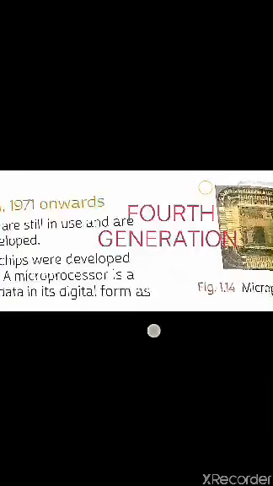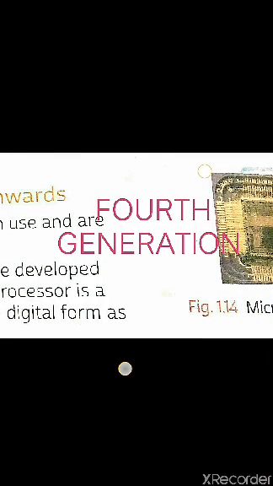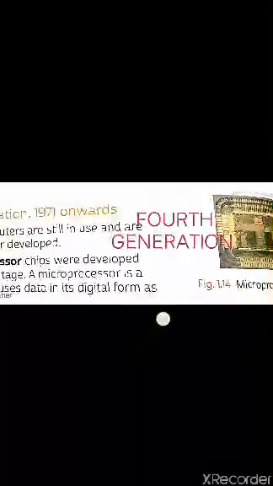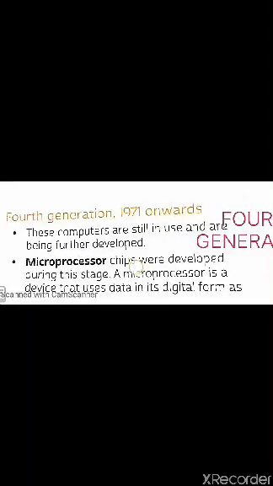Fourth generation. This took place from 1971 till date. These computers are still in use and are being further developed. Microprocessor chips were developed during this stage. 0 and 1 were coded to do arithmetic operations.